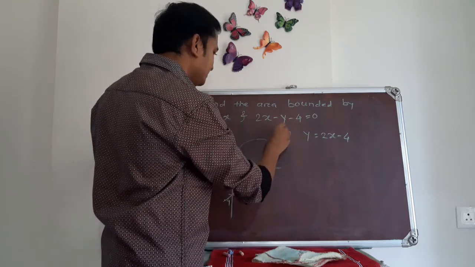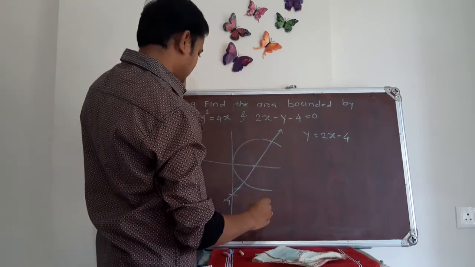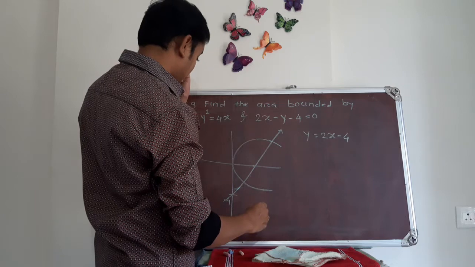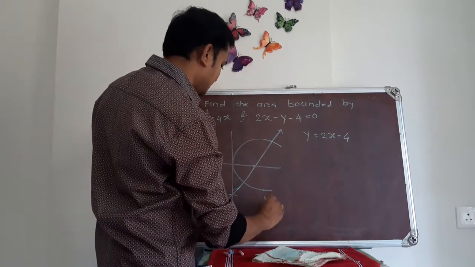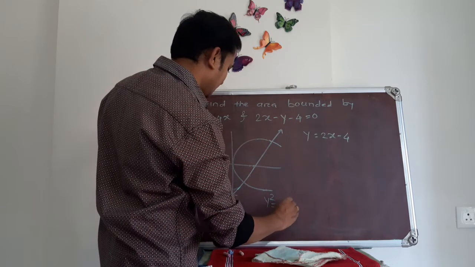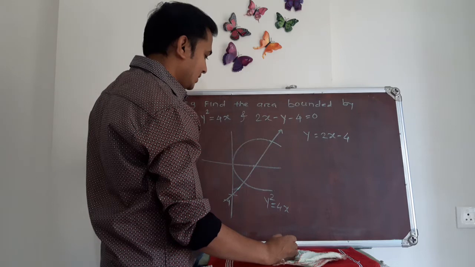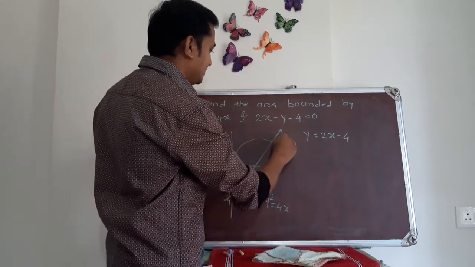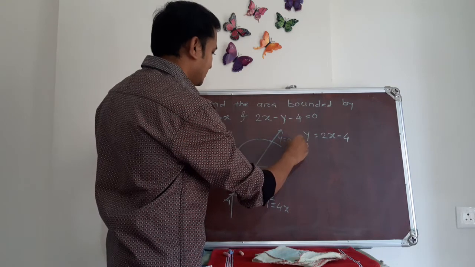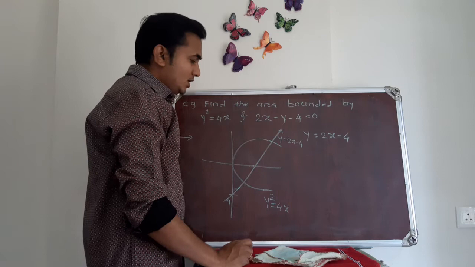Okay, so this is y square equal to 4x. Okay, and this is y is equal to 2x minus 4.